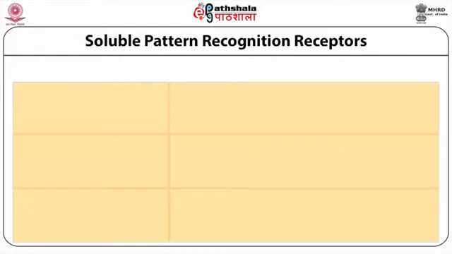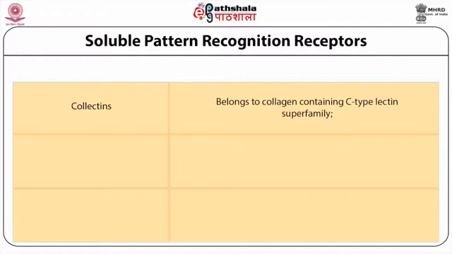Some of these PMPs, which are shown here, are collectins, ficolins and galectins. Collectins belong to the collagen containing C-type lectin superfamily.